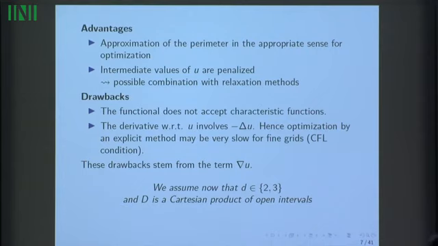We can, to understand this, think in terms of a gradient flow in continuous time. And if you write this, then it's like an explicit Euler scheme. And so you have a CFL condition, and essentially you will have small time steps.